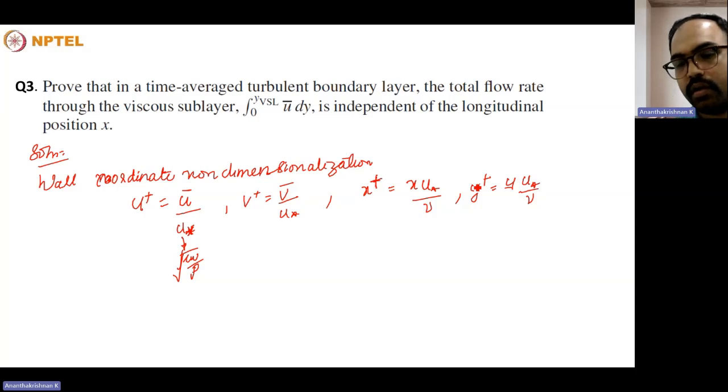So the effect of the friction, the fluid friction, dominates over the turbulence in this particular region nearby the wall. So that's why it's called a viscous sublayer.